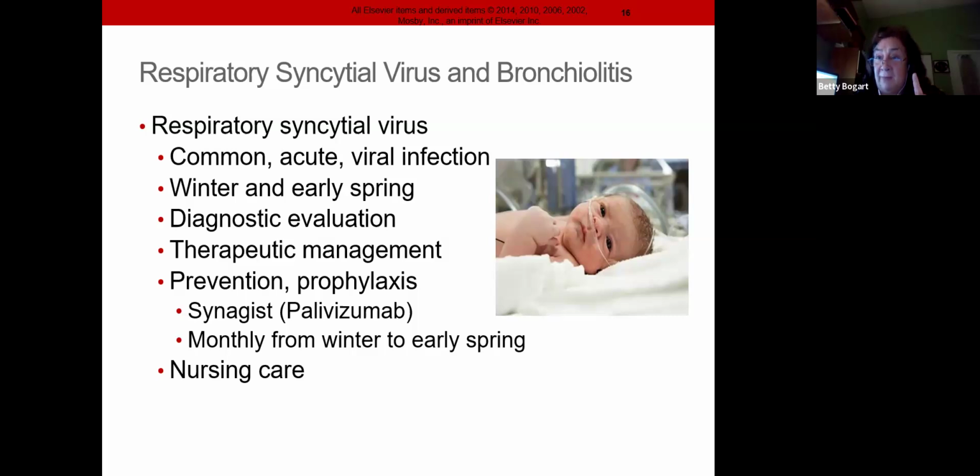And there is a monthly immunization that we give from about winter to early spring, about 6 to 8 months. Down in Florida, it's a little bit different. So for 6 to 8 months we give it, only the first year. It's called Synagis or Palivizumab, and it's a biologic.